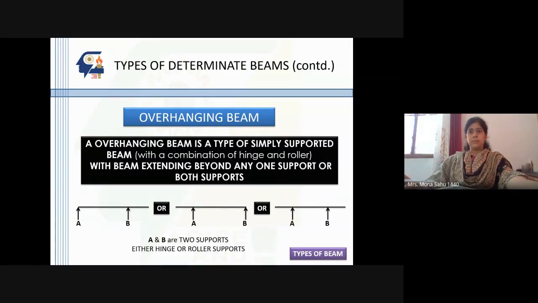Rohit, done. Richin, over. Sam is completed. Mukesh is also done. See, when your videos are on, it's so much easier for me to monitor. Looks like even the rest of the others are done.